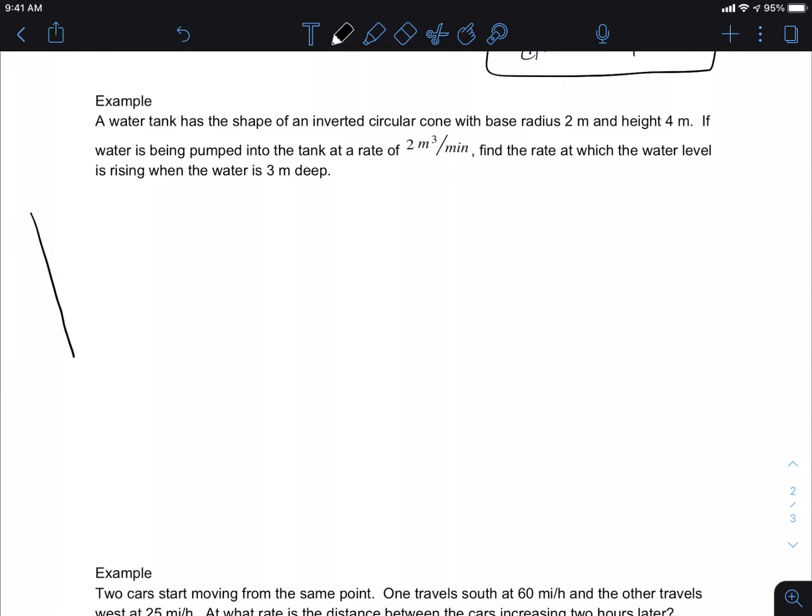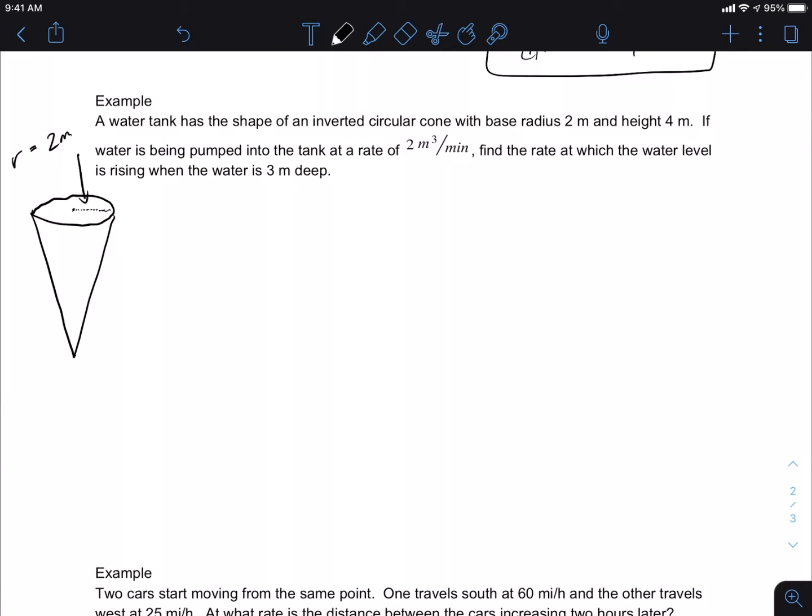Inverted means it's upside down, and it's a circular cone. Okay? With a base of radius 2 meters. So from the center to a side, that right there is going to be 2 meters in length. So my radius there is 2 meters, correct?